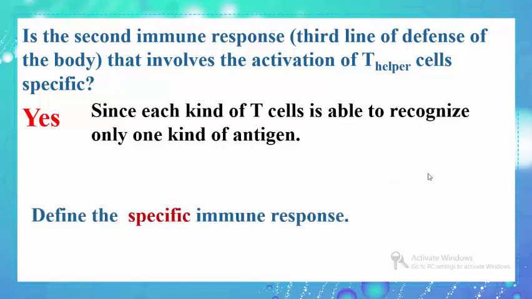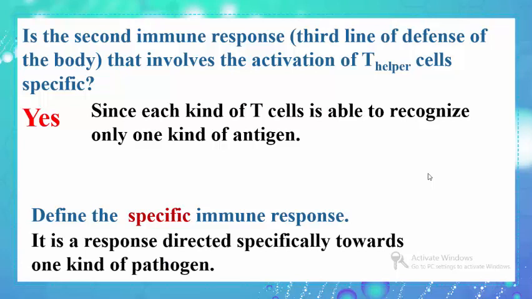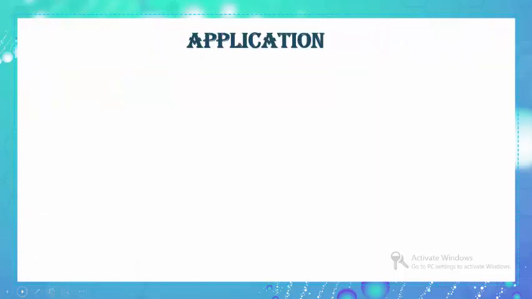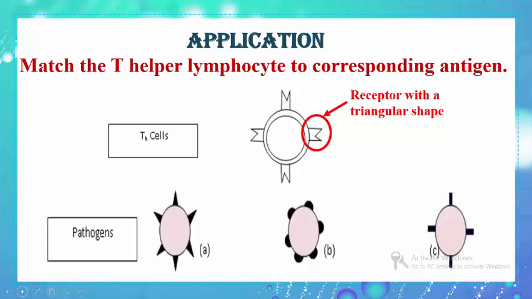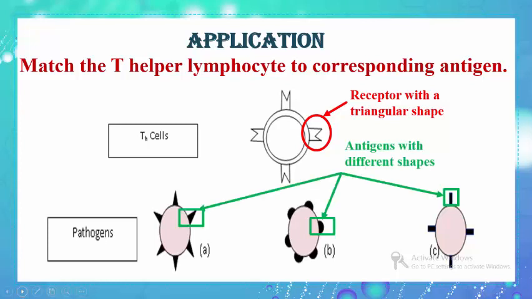If we want now to define the specific immune response, simply we say it is a response directed specifically towards one kind of pathogen. As an application, we have this one kind of T helper cell that presents on its membrane a triangular receptor. And we have three different types of pathogens where each one expresses on its membrane a specific type of antigen.